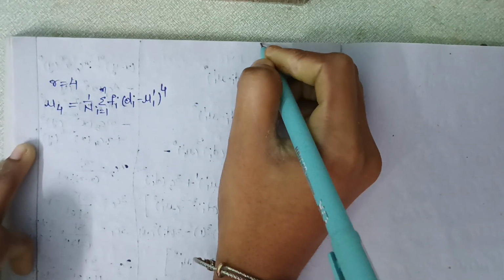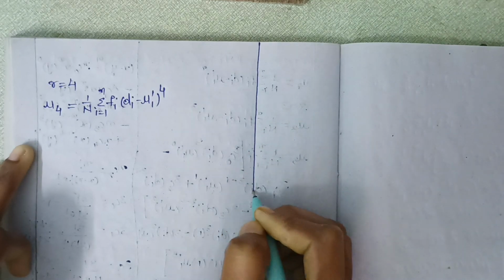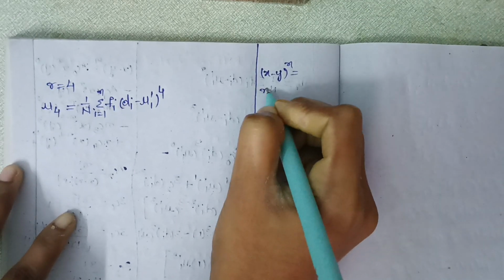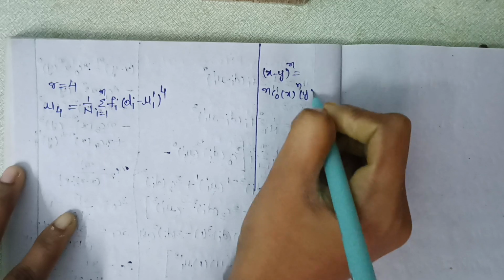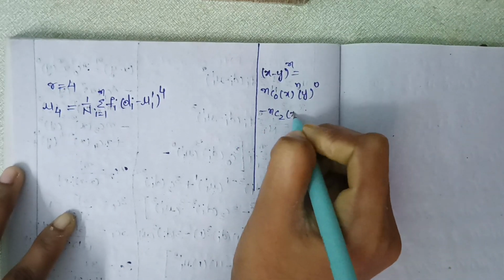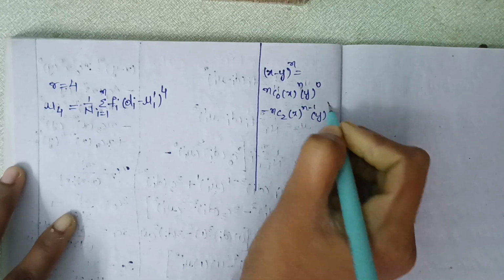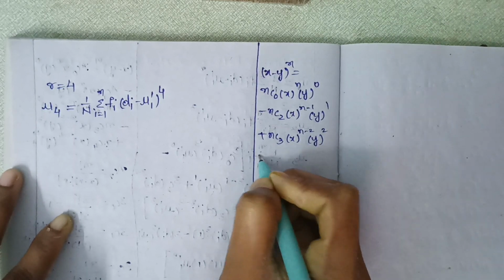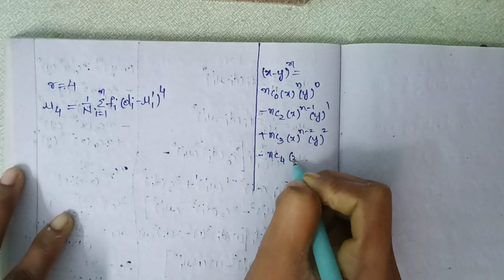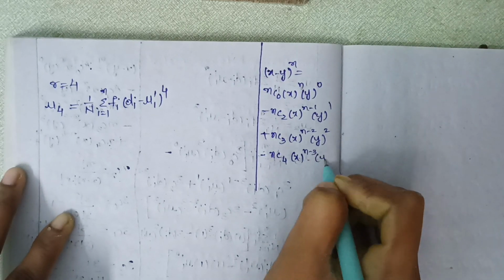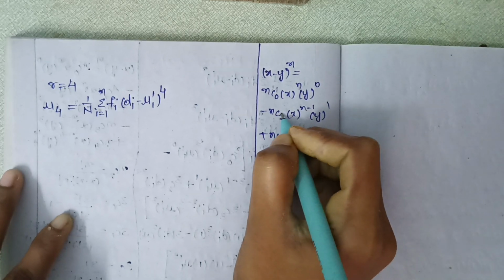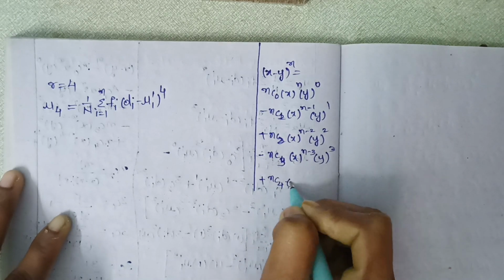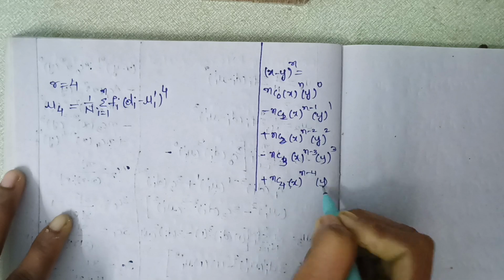Here we know the formula, so we can easily write it: (x − y) whole to the power of n. Therefore nC0 x^n y^0 − nC1 x^(n−1) y^1 + nC2 x^(n−2) y^2 − nC3 x^(n−3) y^3, sorry, here 1, 2 and here 3, and we get plus nC4 x^(n−4) y^4.